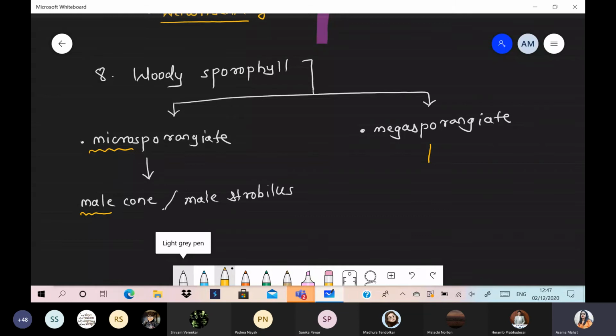Similarly, megasporangiate is simply called the female cone, or the female strobilus. And what is the meaning of strobilus? A group of sporangia which is present on the leaf. So simply, there is a presence of the male strobilus as well as the female strobilus. That's it.